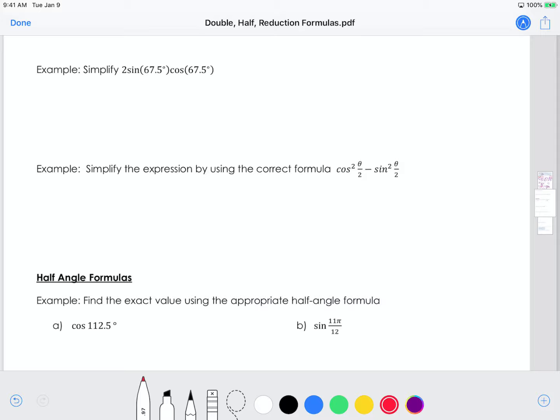Okay, in the next example, we need to simplify 2 times the sine of 67.5 degrees times cosine of 67.5 degrees. And so we're going to write this as one trig function. And if you notice, if I think of this as angle x, I would have 2 sine x cosine x.